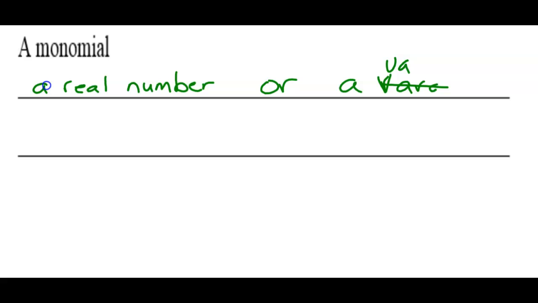A monomial. So a monomial is a real number. An example of a real number would be 4 or -4. Okay? It's a real number or a variable.